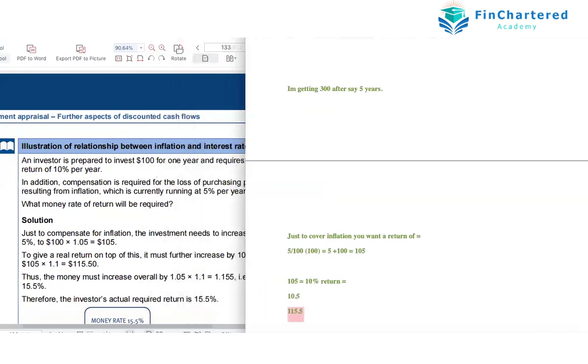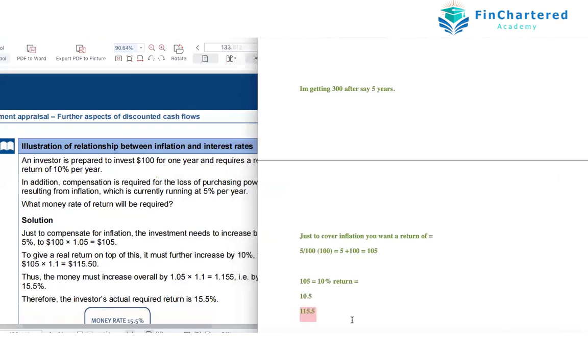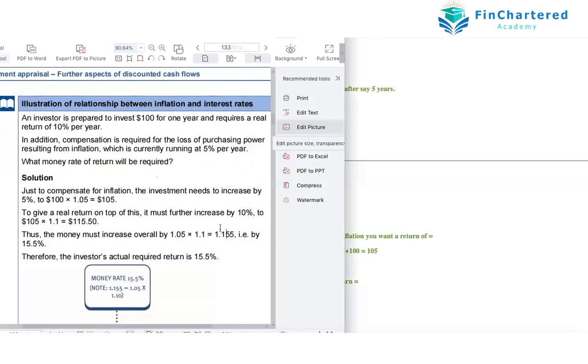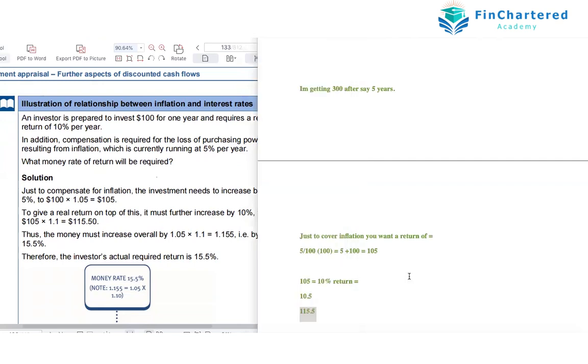So basically, guys, you're expecting 115.5. Why does he want 115.5? 10% he wants as a real return and 5% he wants to cover up for inflation. Therefore, the investor is expecting to have 115.5. How much was it before?